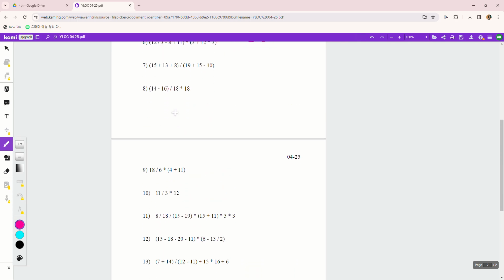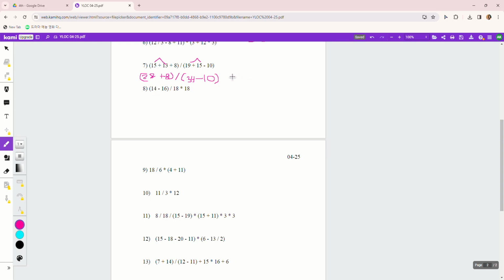Next is number 7. So you would first have to do everything in the parentheses. So this plus 15 plus 13 is 28, and then plus 8, and then divided by 19 plus 15, 34, minus 10.